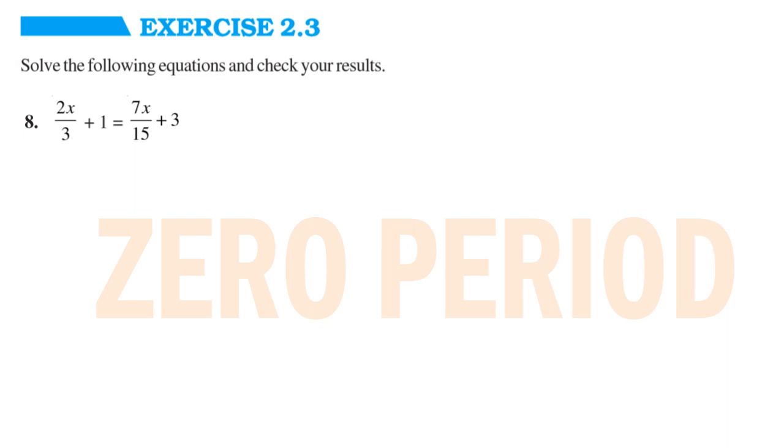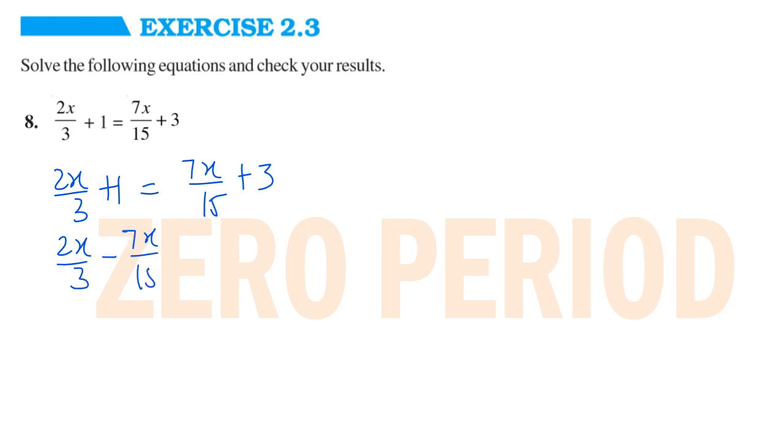This is the 8th question of exercise 2.3. 2x by 3 plus 1 equal to 7x by 15 plus 3. We have to solve this, get the value of x and then verify our solution. There are two variable parts, 2x by 3 and 7x by 15.